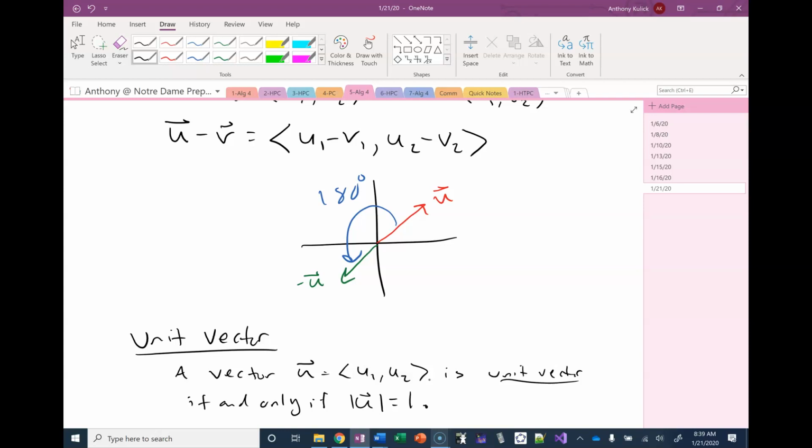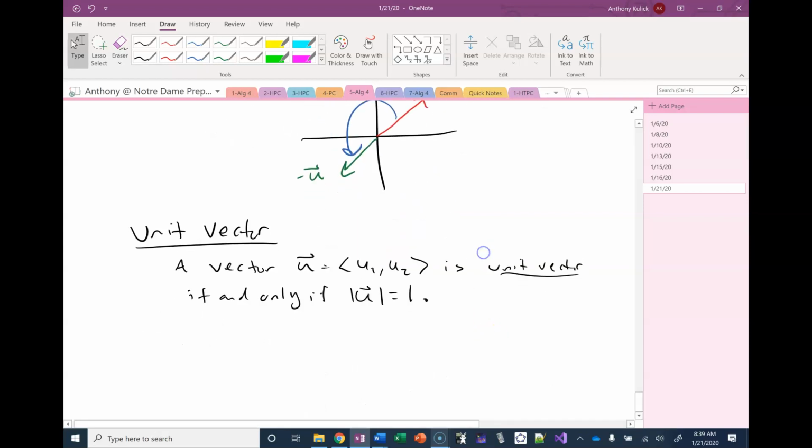A unit vector has length 1. Okay. So suppose that we wanted to take some vector u and transform it into a unit vector.